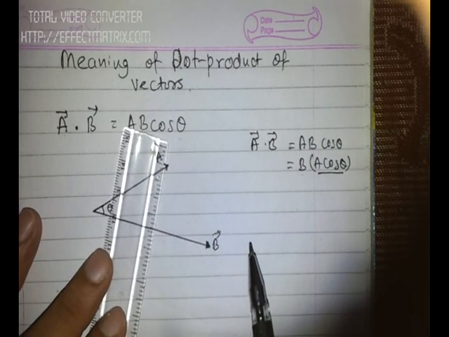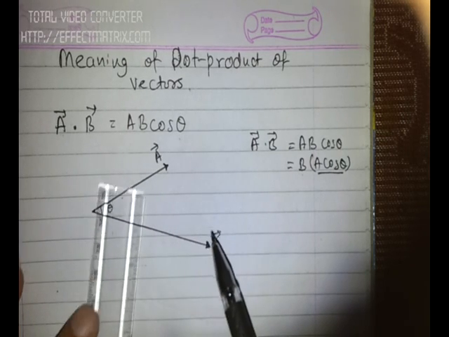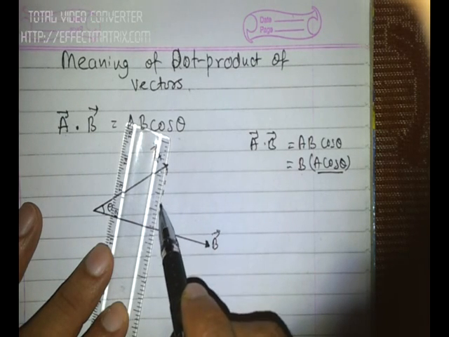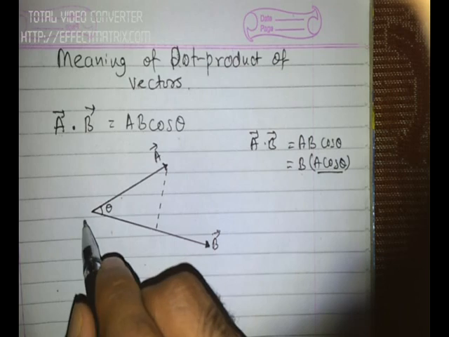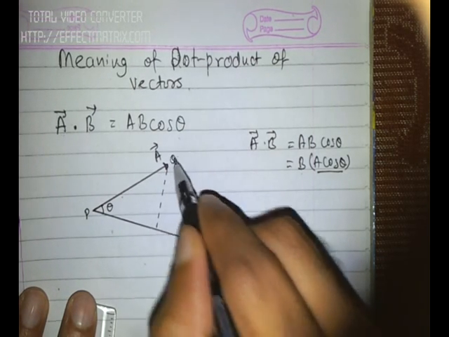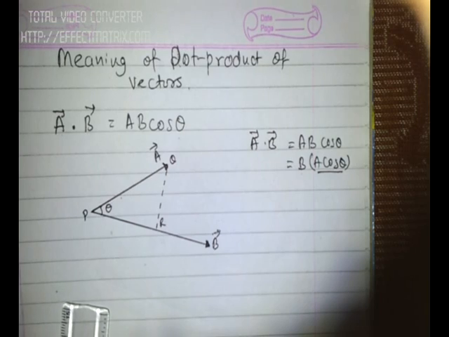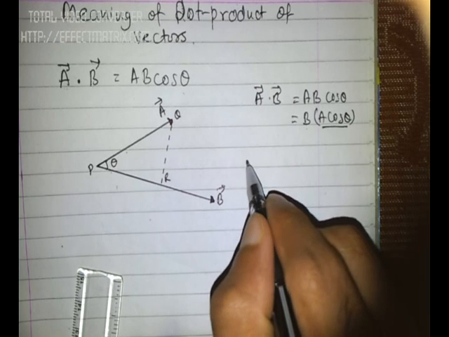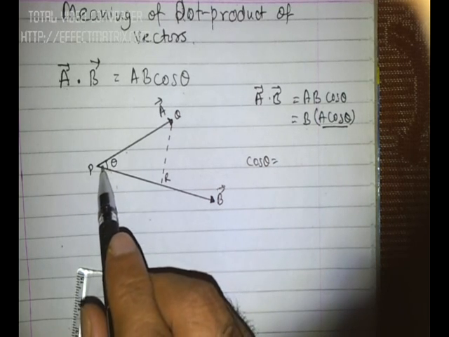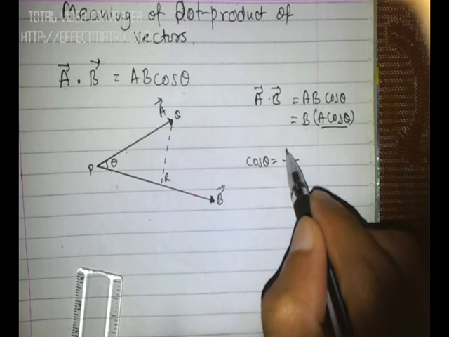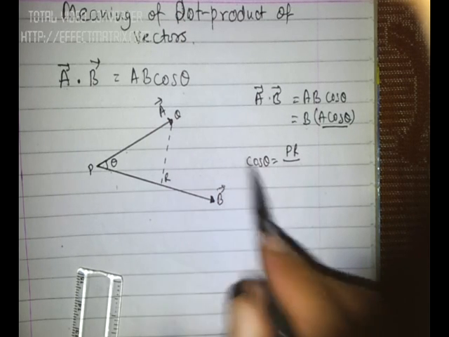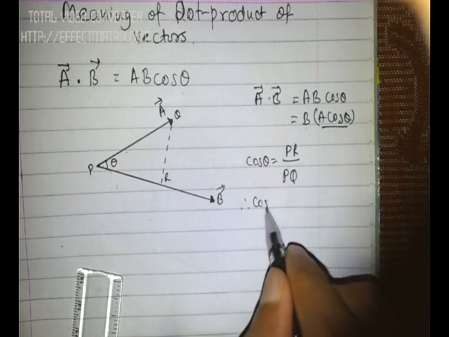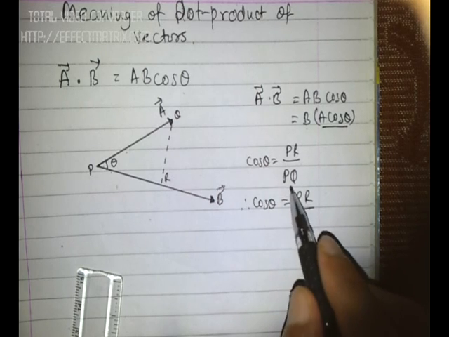So I'm taking a perpendicular from this end point of vector A onto vector B. I'm just drawing a line. Let me give these names. This is point P, this is point Q, and this is point R. Now, this is theta, so cos theta will be equal to the adjacent side, that is PR, upon the hypotenuse PQ.